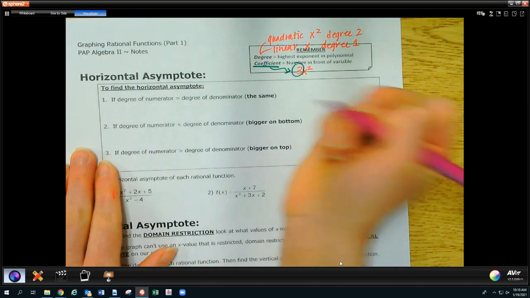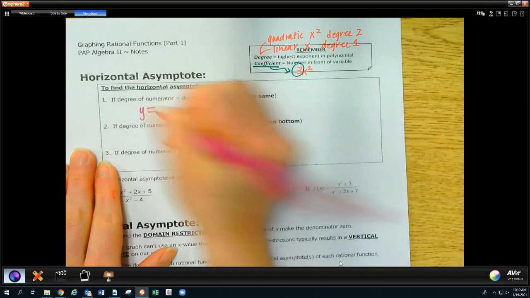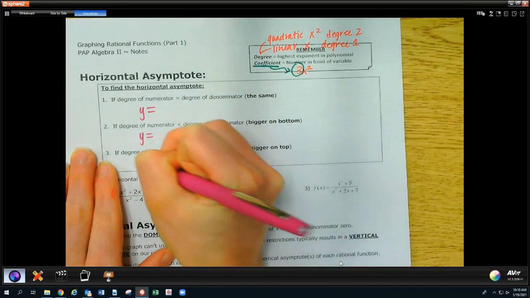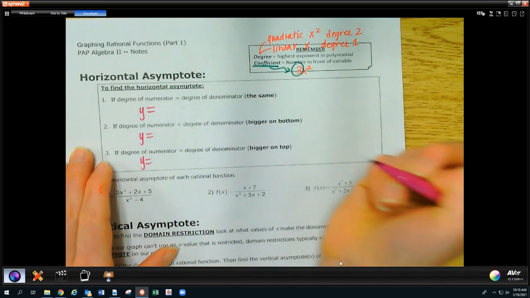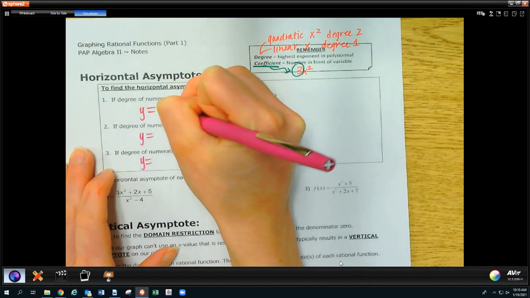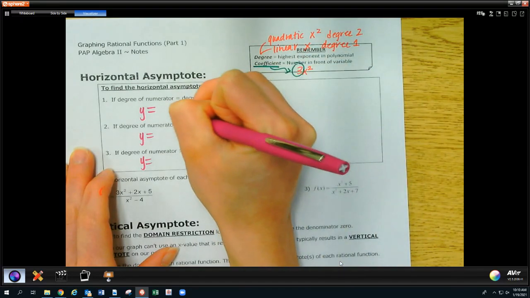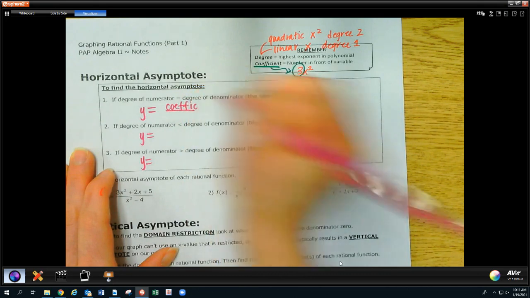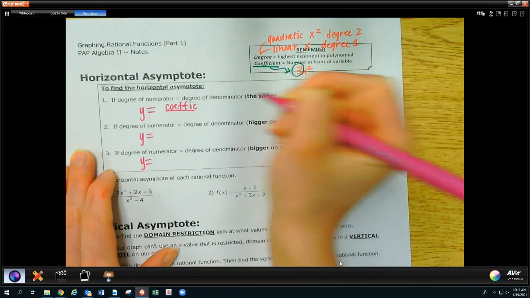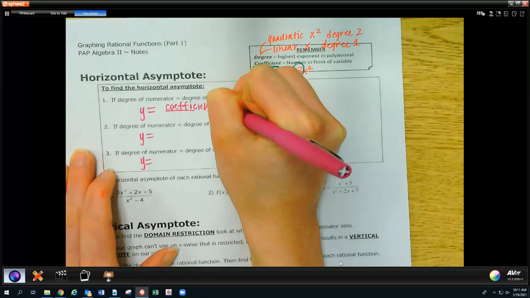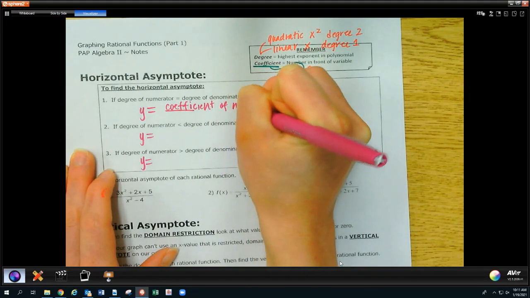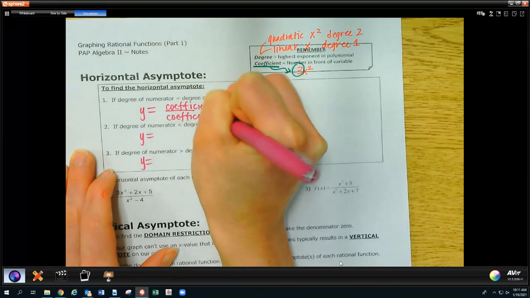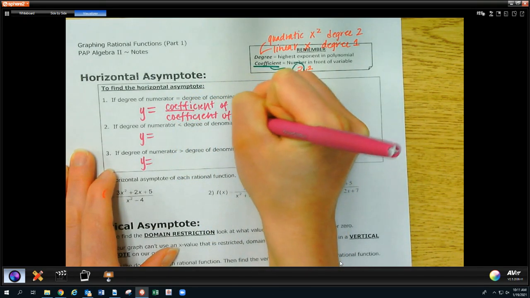The horizontal asymptote, remember, is always a y equals equation, no matter what. In this case, you're going to take the coefficient of the numerator divided by the coefficient of the denominator.